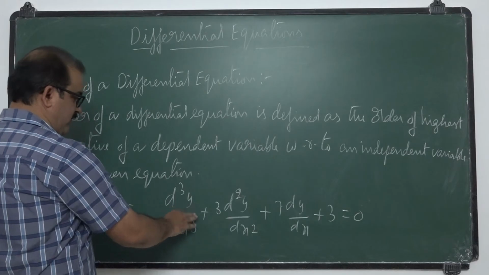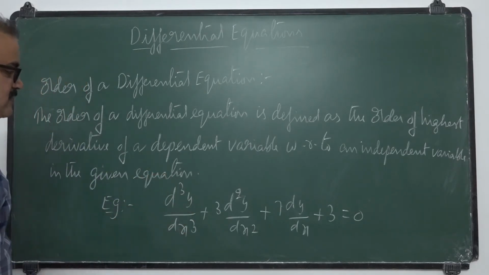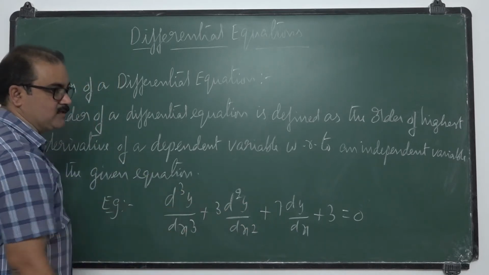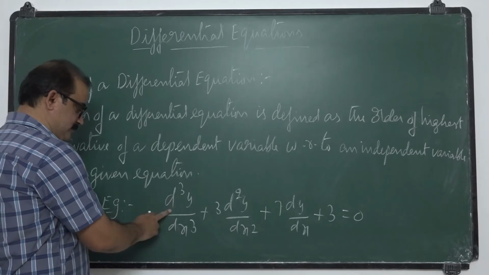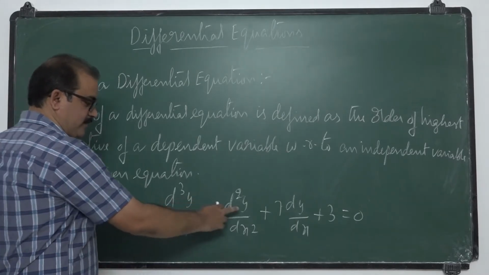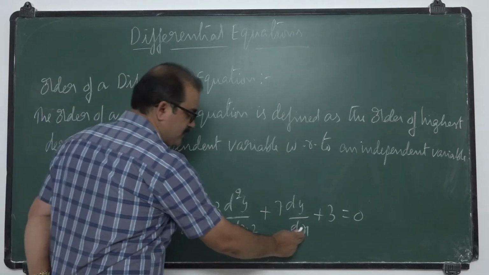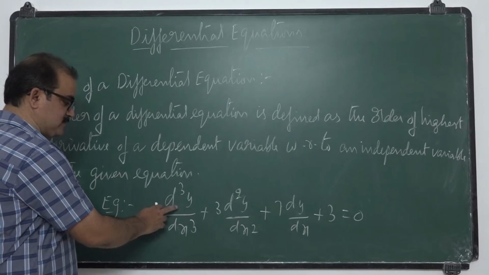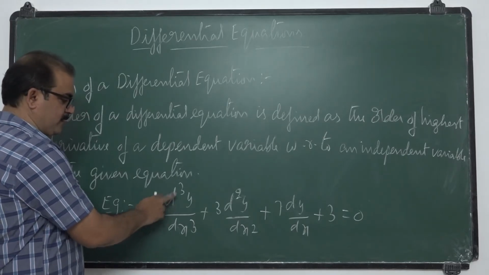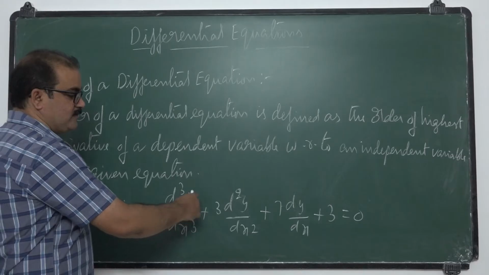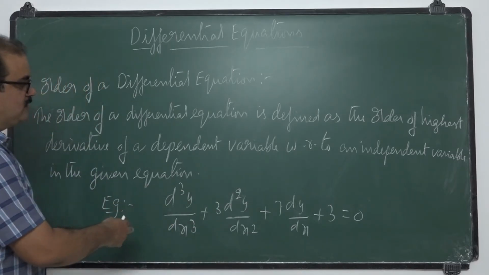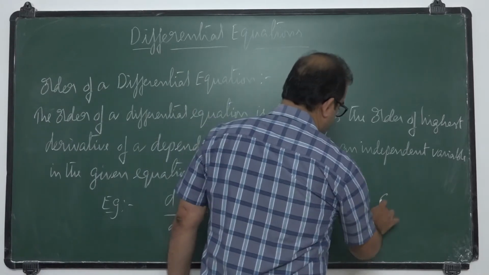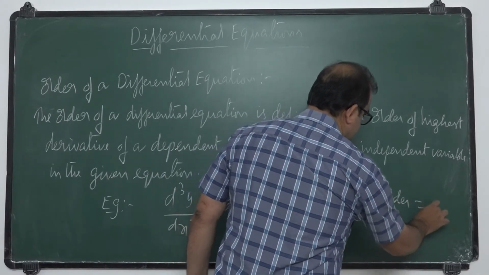Now we want to find the order of this differential equation. So what is the highest derivative involved in the given equation? It is the third order derivative, the second order derivative, the first order derivative. So the highest order derivative is this third order. The highest order derivative in the given equation is called the order of the given differential equation. So here order is equal to 3.